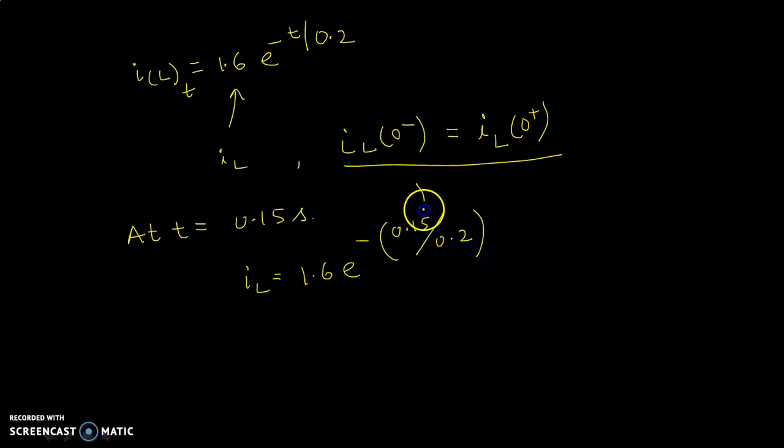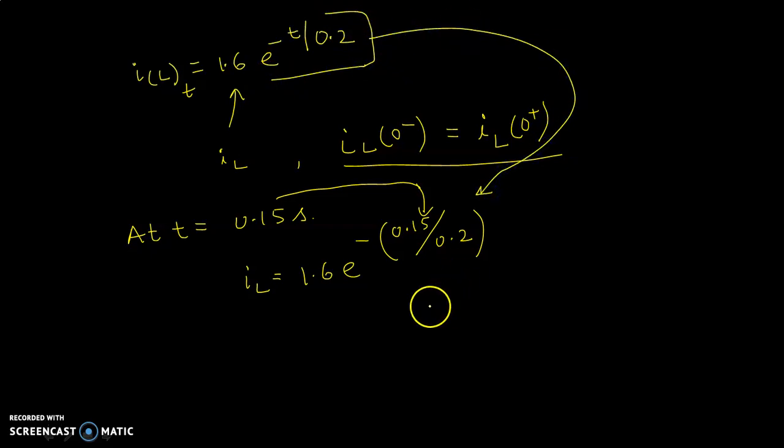This is t given, and this is tau from here. Calculate it using a calculator. You will get the response equal to 0.756 ampere, up to 2 or 3 decimal places as required.